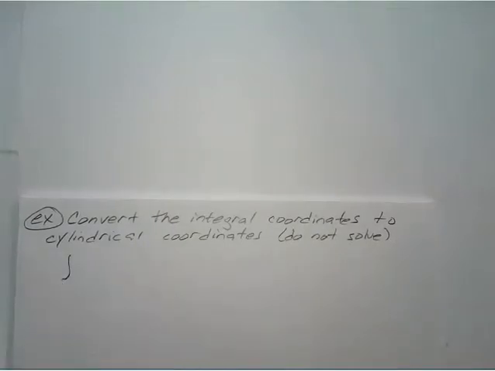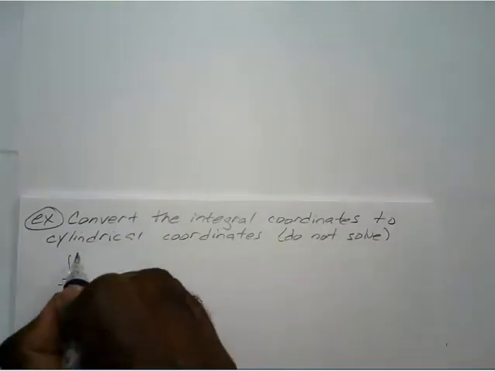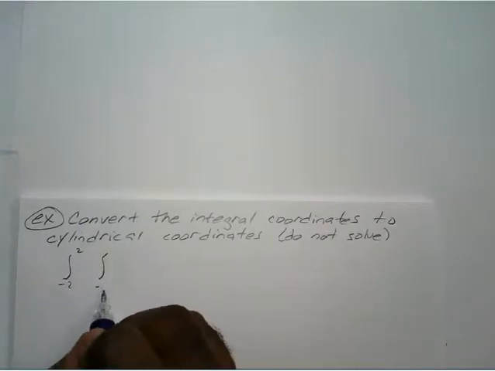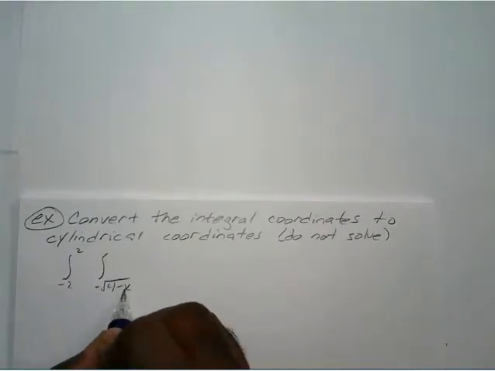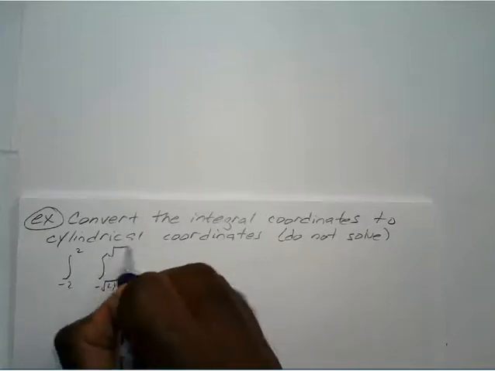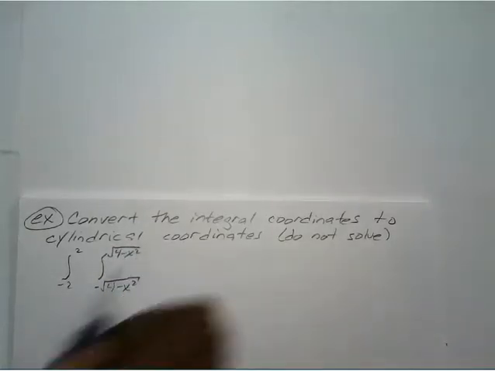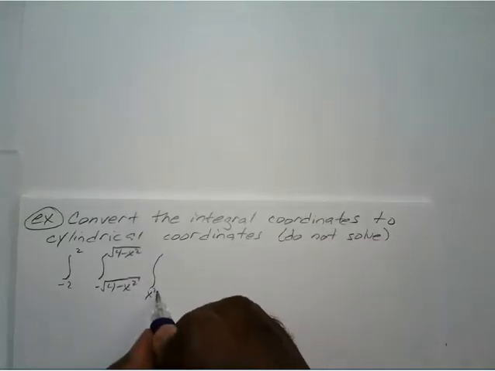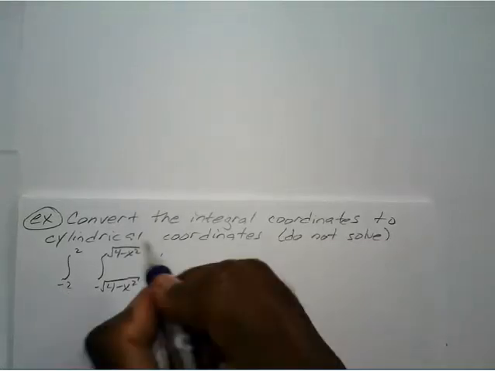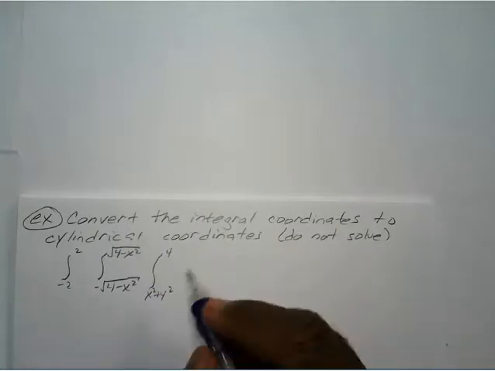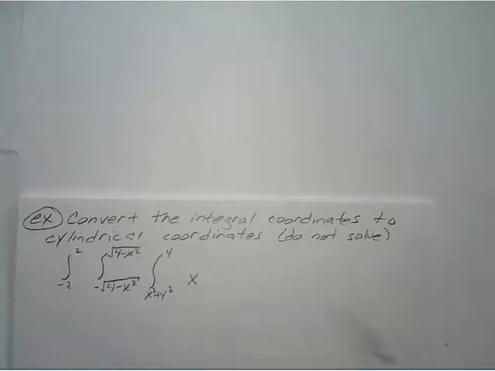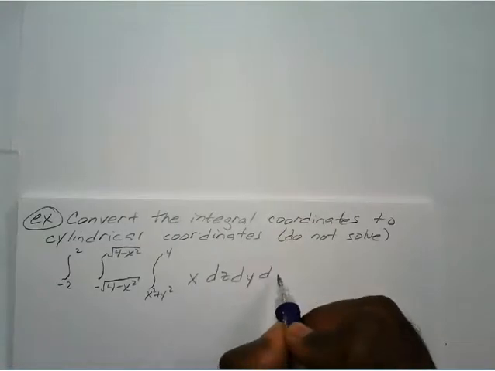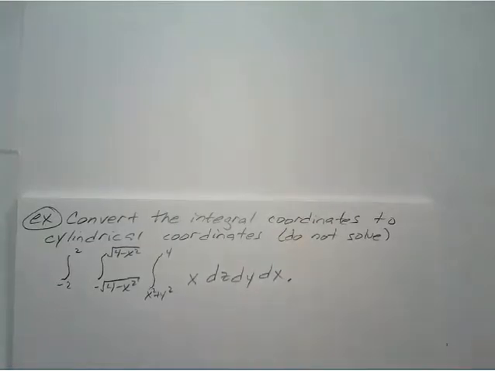So we have the integral from -2 to 2. You have the integral from negative square root of 4 minus x squared to square root of 4 minus x squared. And we have the integral from x squared plus y squared to 4 of the function x with respect to z, with respect to y, with respect to x.